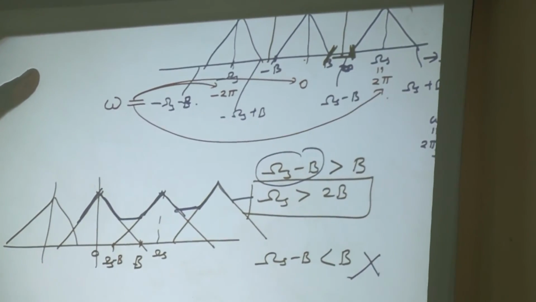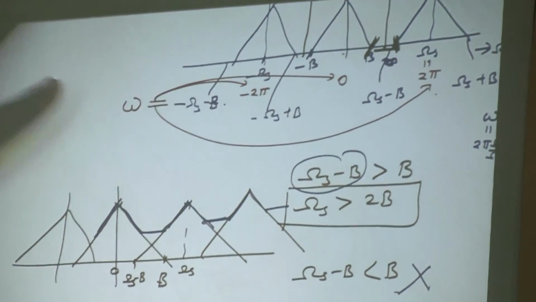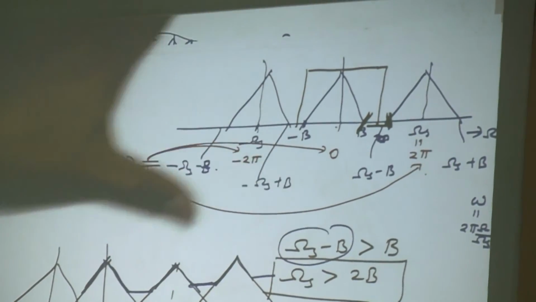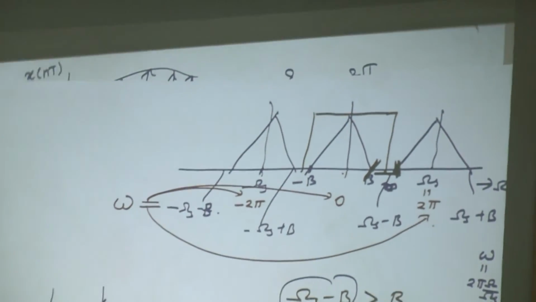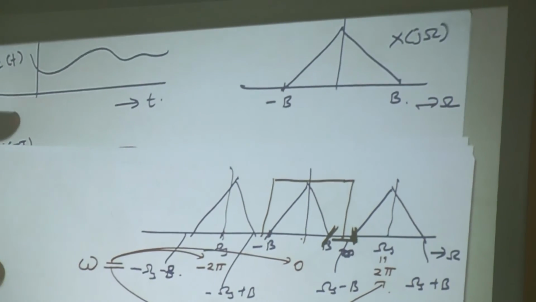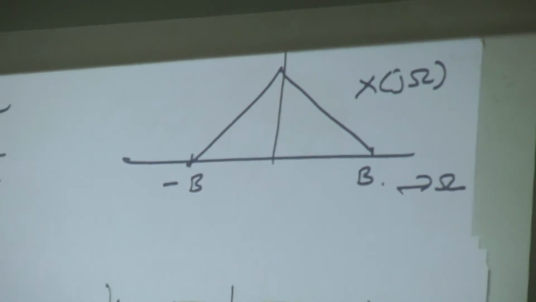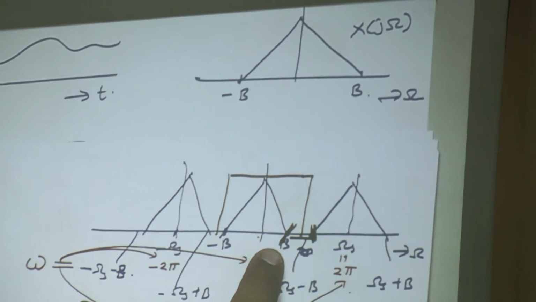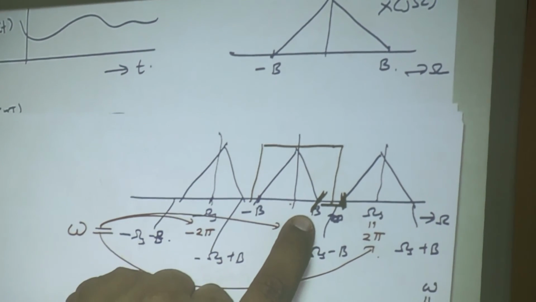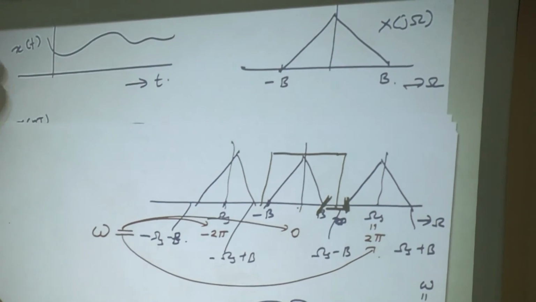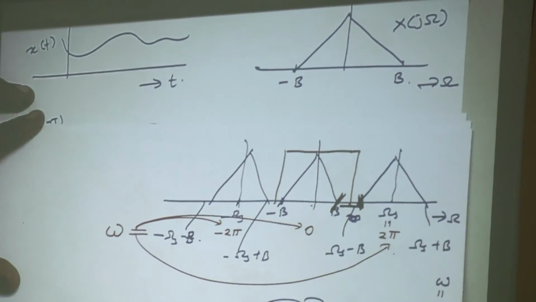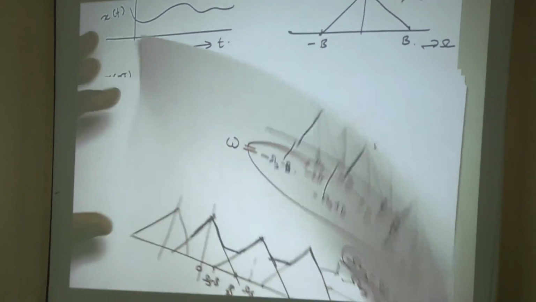Then only I can get back the triangle, which is the Fourier transform of the continuous signal. This can be recovered only if omega s minus b is greater than b, otherwise not. You understand? I repeat this once again with reference to omega axis and capital omega axis.